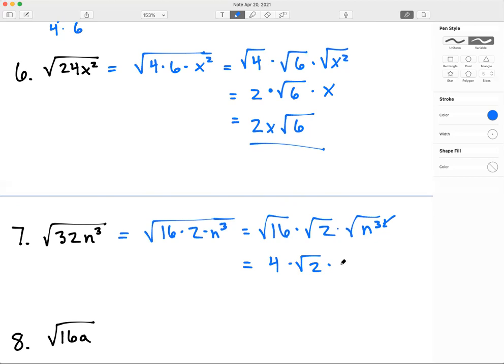Sorry, I'm not explaining this well: n squared times n. So we're going to break it into whatever even power we can find, whatever is 1 less than this one.